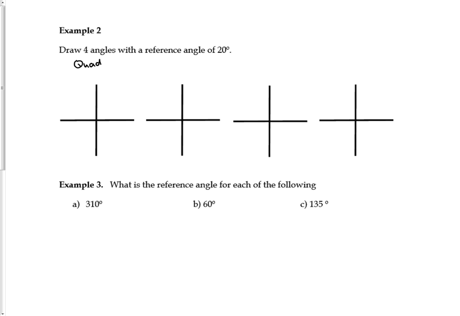Quadrant 1, 2, 3, and 4. Quadrant 1 is the easiest. Why? It's just 20. Remember that your rotation angle and your reference angle are the same thing. So if we draw this, here's my 20 degrees.